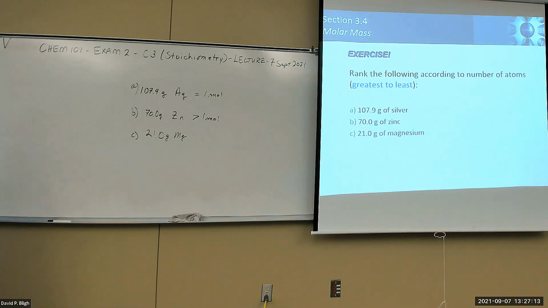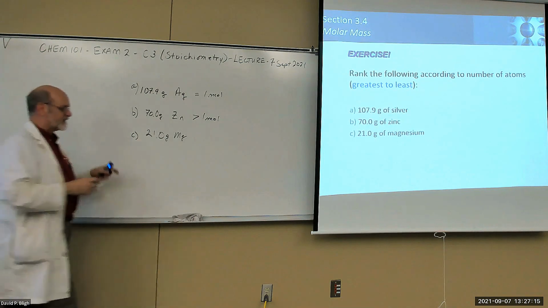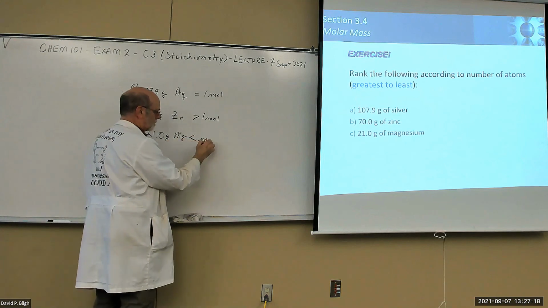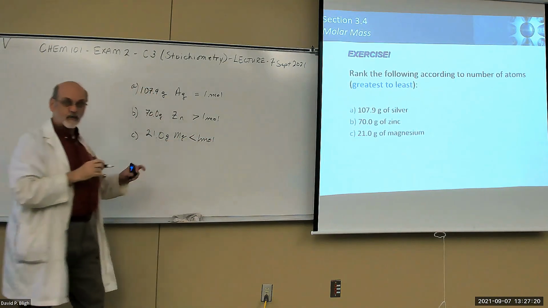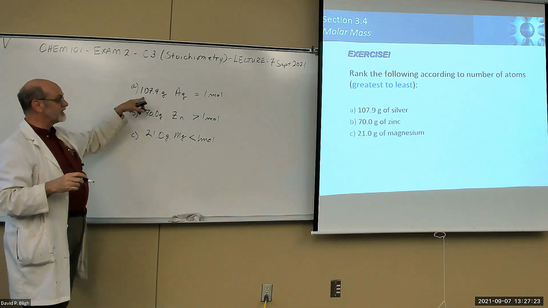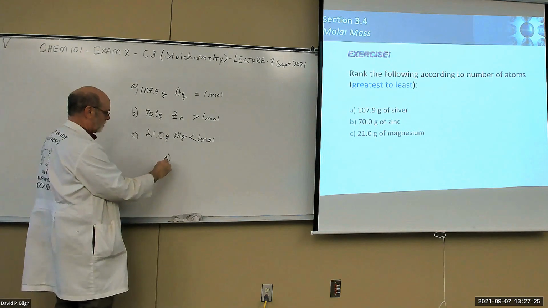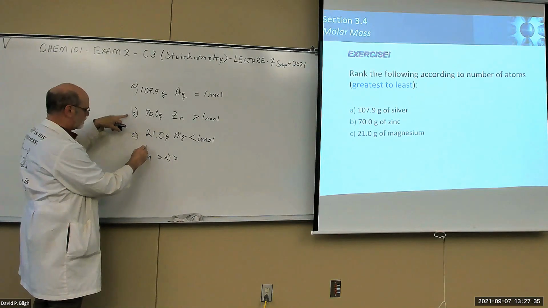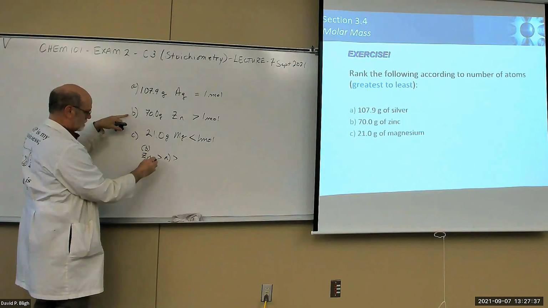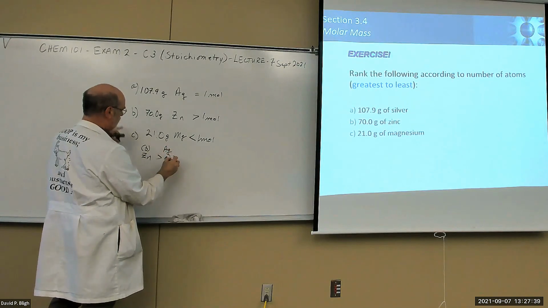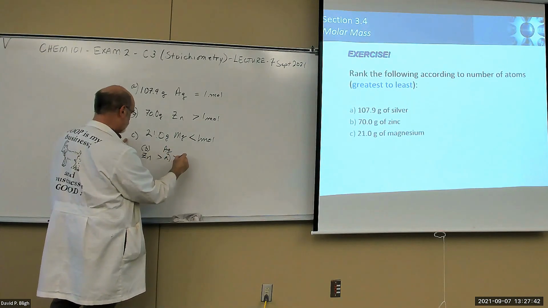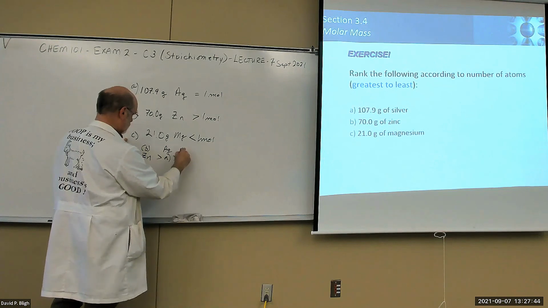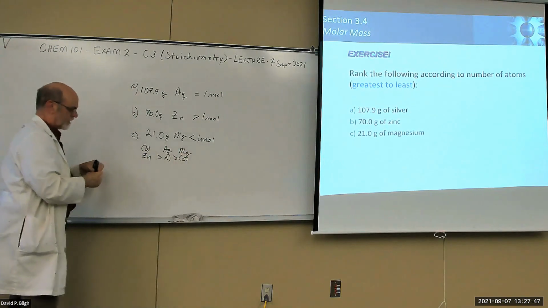Well, magnesium is 24.3. So this is less than a mole. So now we can put them in order. This one's in the middle. And greatest to least. So the greatest would be greater than a mole, which is B. A is silver. And magnesium is the least. Okay, BAC.